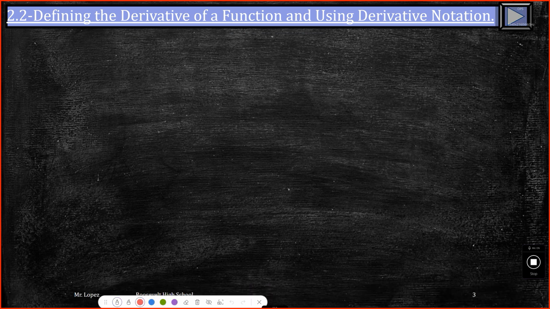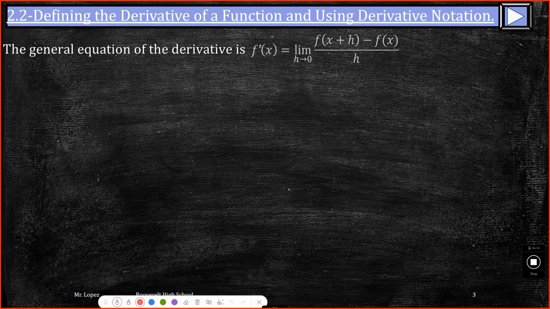Lesson 2.2, defining the derivative of a function and using derivative notation. So in general, not just at a given point, the general equation of the derivative is f prime of x equals the limit as h approaches 0 of f of x plus h minus f of x over h.